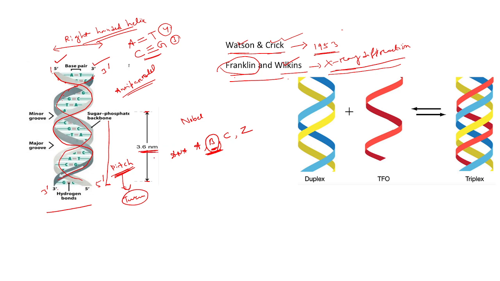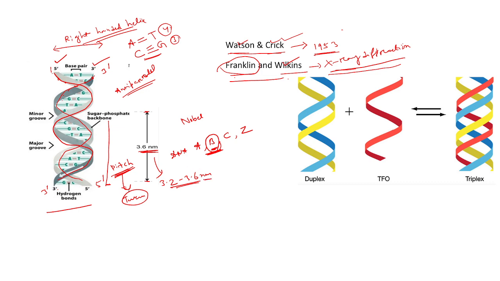Actually it varies from book to book. It is actually 3.2 to 3.6 nanometer. In some books you can see it as 3.3 or 3.4 or 3.5. So mostly from 3.2 to 3.6 nanometer.